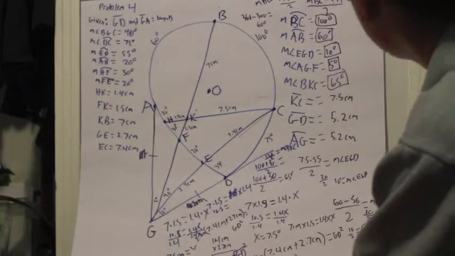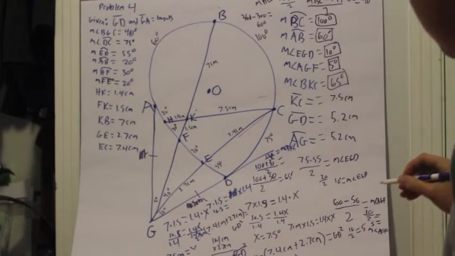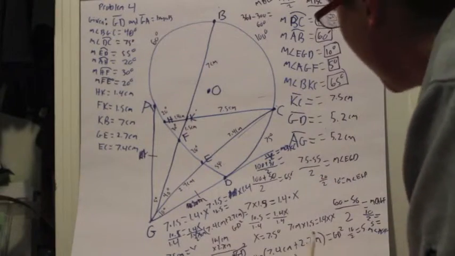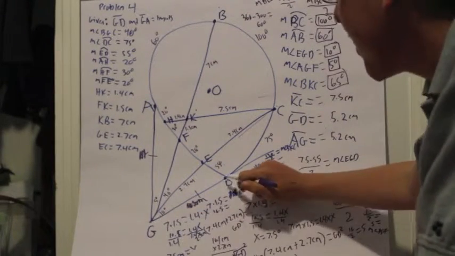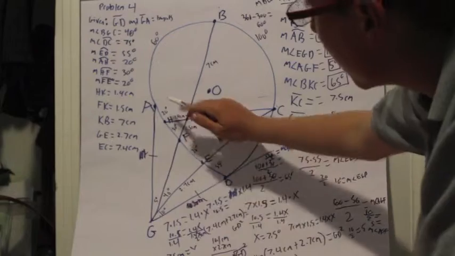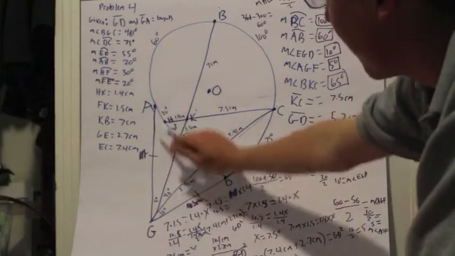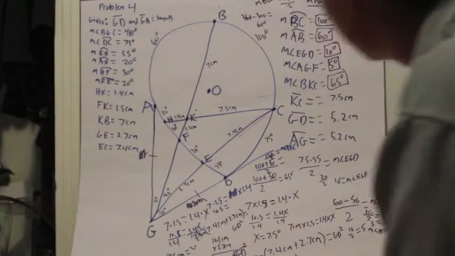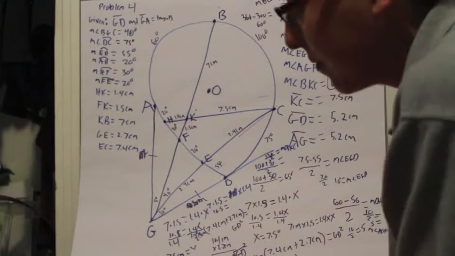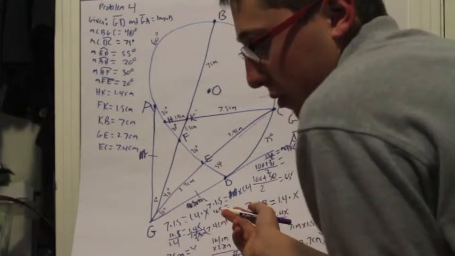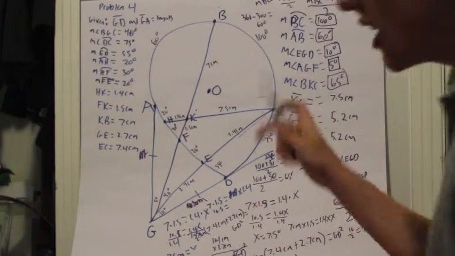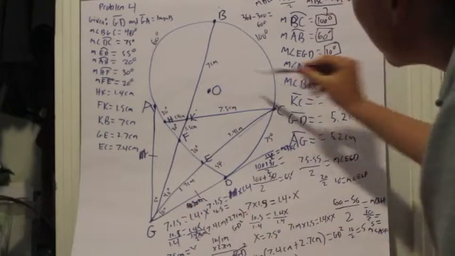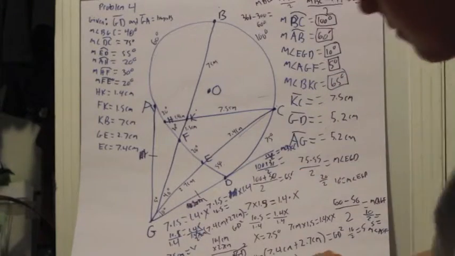So the last thing that we need to figure out is the measure of segment GD, which is this tangent right here, and the measure of segment AG, this tangent right here. In order to figure out these two tangents, we need to use a theorem called the secant and tangent intersecting theorem on the outside of the circle.